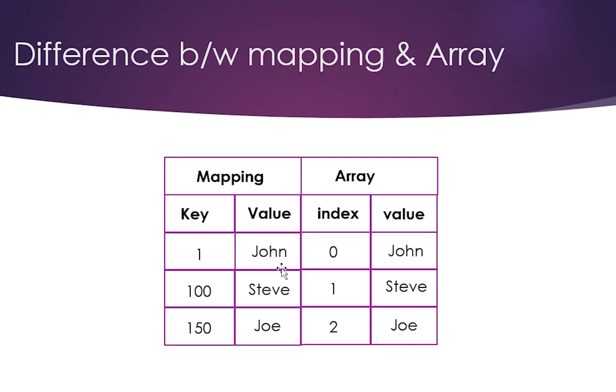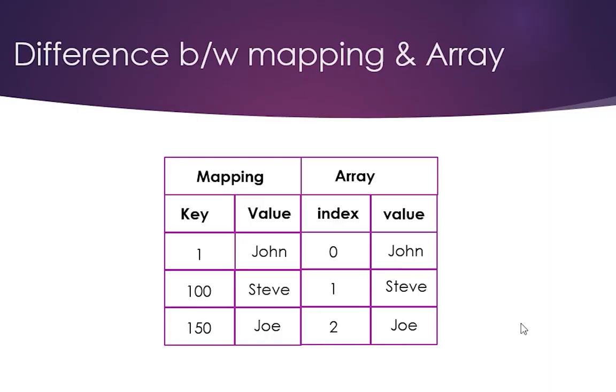We can specify any value on any key, and the key will be of a built-in type and the value can be of any type, but the array is in the sequence 0, 1 and 2. Let's say Steve is on 100 and it's inside an array. To do that, we have to create a fixed array of 100 indexes, as you can see on the screen, and then set some value on the 100 index.